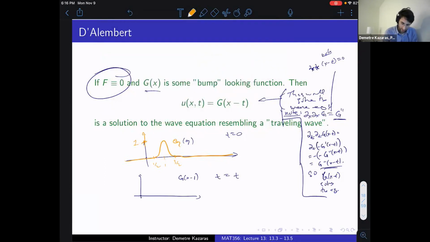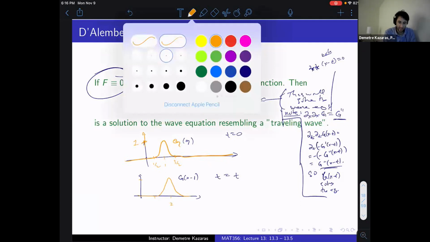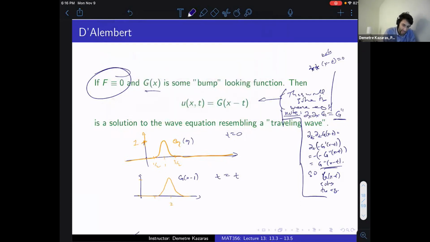It's not so hard to work out for yourself, but instead of being centered at 1 there, now it's centered at 2. So it looks like a bump with a peak at 2. And then you're going to see what happens next. If t is 2, I should have drawn it more uniformly, it's going to be a peak at 3.